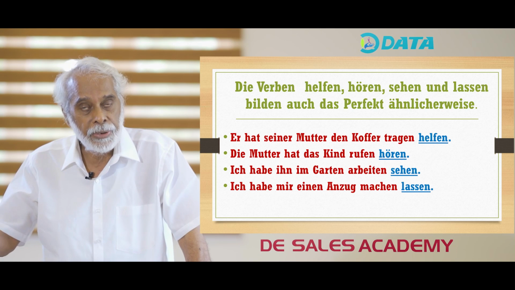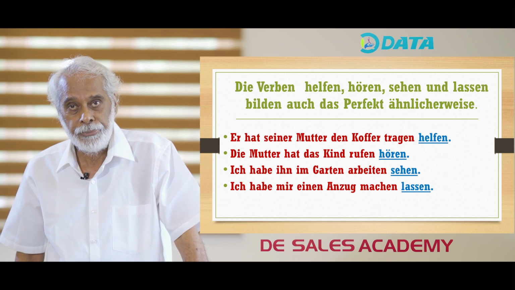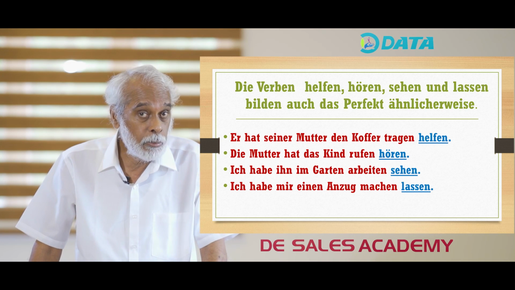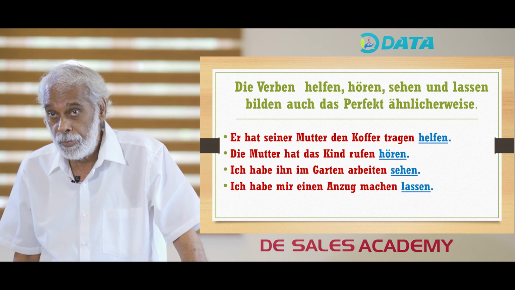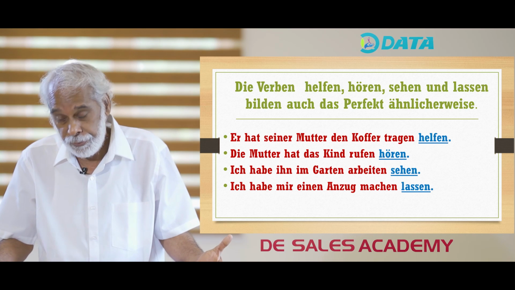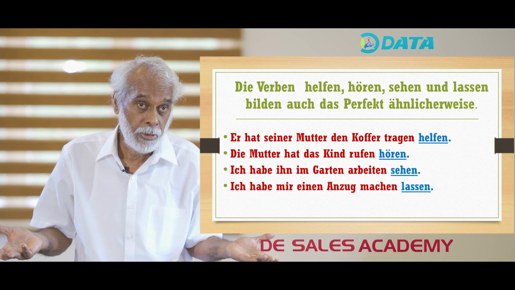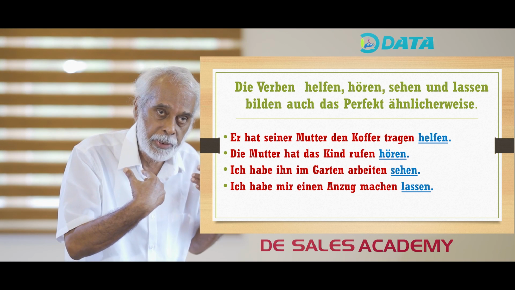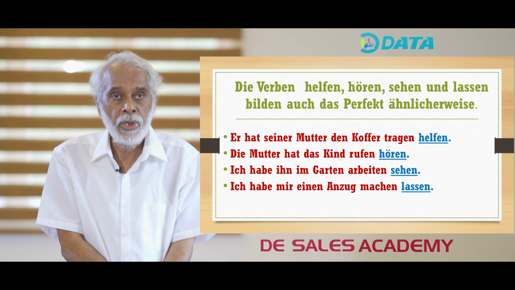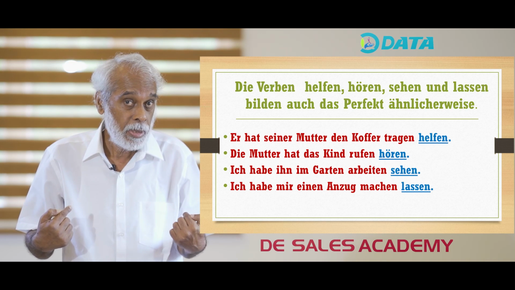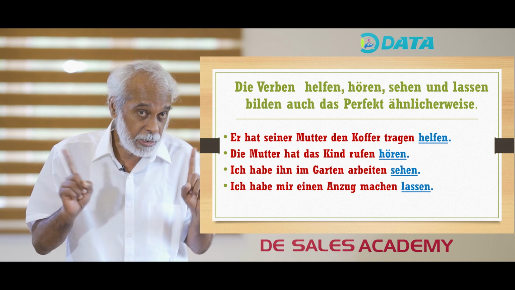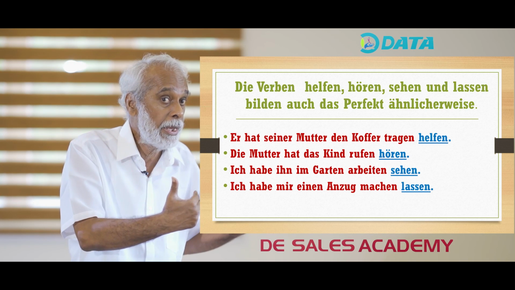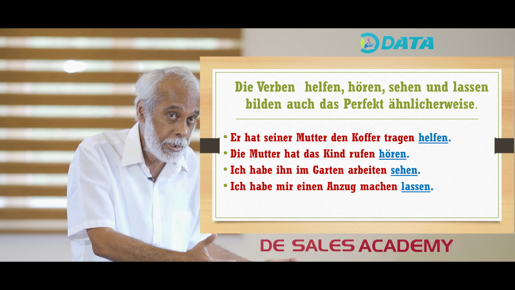Ich habe das gesehen. Ich habe mir einen Anzug machen lassen. You know the verb lassen. If you are not doing something yourself, and if you are entrusting the job to somebody else, then you use lassen. Ich habe einen Anzug selber nicht gemacht, aber ich habe den Anzug von einem Schneider machen lassen.